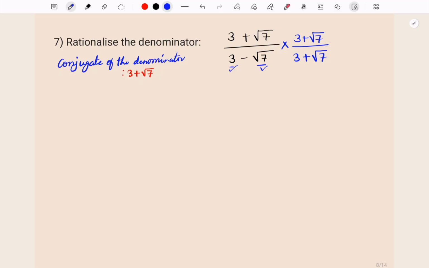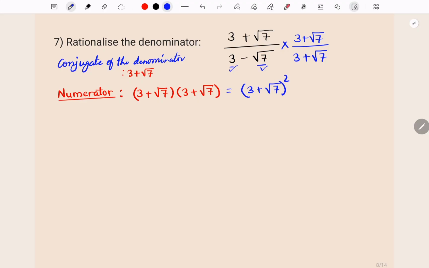So let's first solve the numerator. In the numerator we have 3 plus root 7 multiplied with 3 plus root 7, right? So this is basically 3 plus root 7 whole squared.